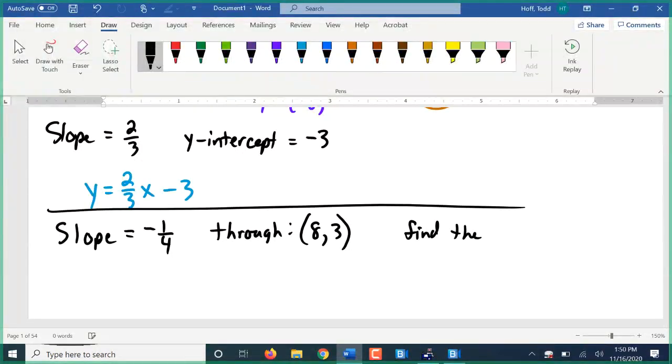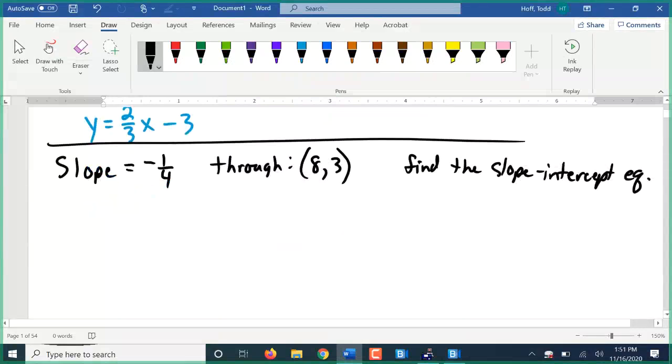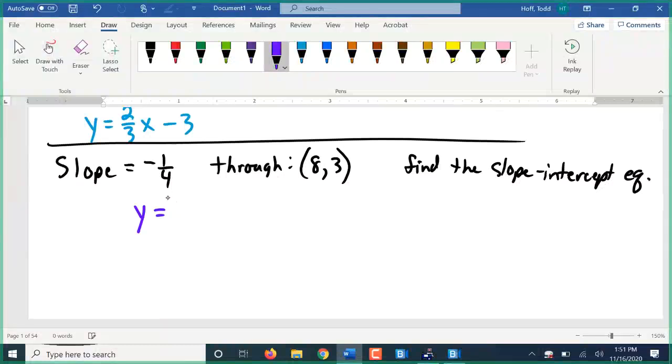And I should specify here, we were told to find the slope-intercept equation. That's the form of the equation we've been working with so far all hour. So we know the equation starts out as y equals slope times x. So y equals -1/4 times x plus b, that y-intercept.